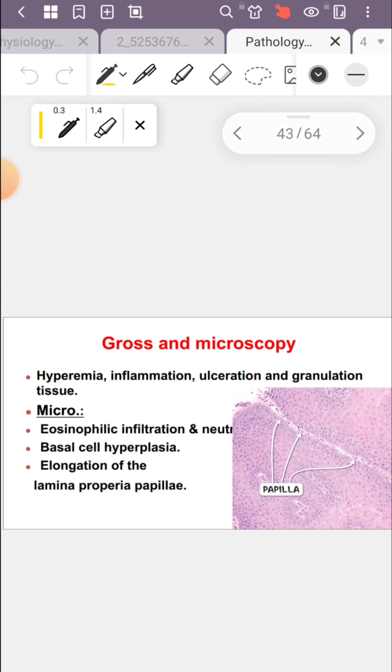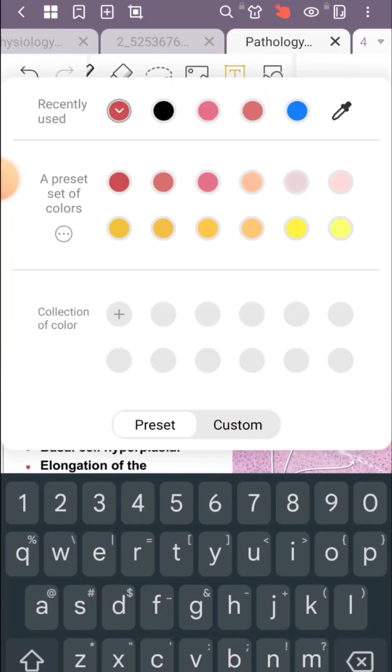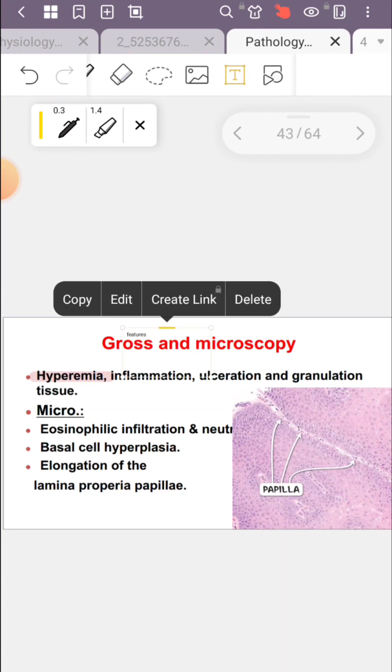Reflux esophagitis is first of all regurgitation of gastric acid with resultant inflammation and fibrosis. Here, hyperemia. There are gross features. How do we see the mucosa in case of esophagitis? The mucosa is hyperemic. Hyperemic means what? Congested, reddened, with inflammation and ulceration and granulation tissue formation.